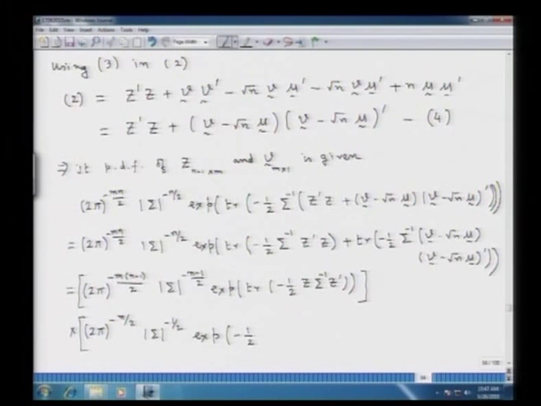So we can take this term in front and we will write this as V minus root n mu transpose sigma inverse V minus root n times mu. So that we have been able to partition this into two parts.